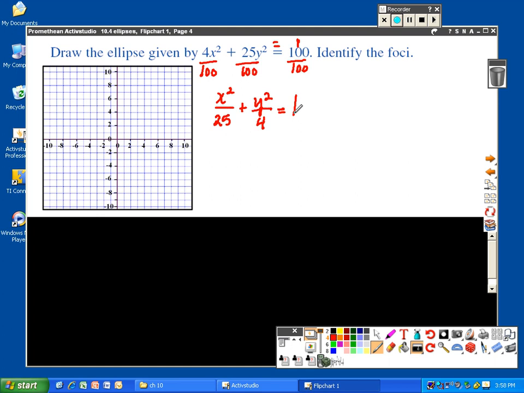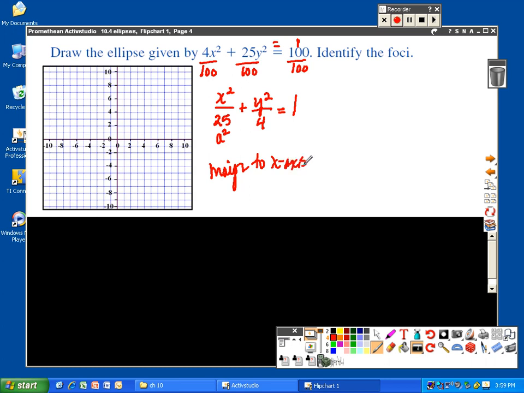Now it is in the elliptical standard form. So in the ellipse, we need to first identify which is our major axis and which is our minor axis. Since a squared, the larger number, is under x, it is major to the x-axis.